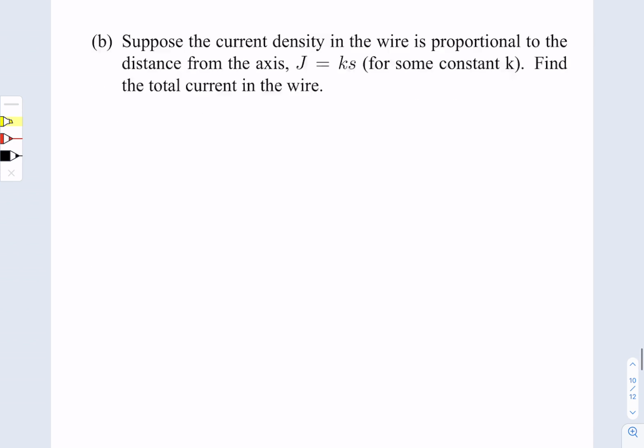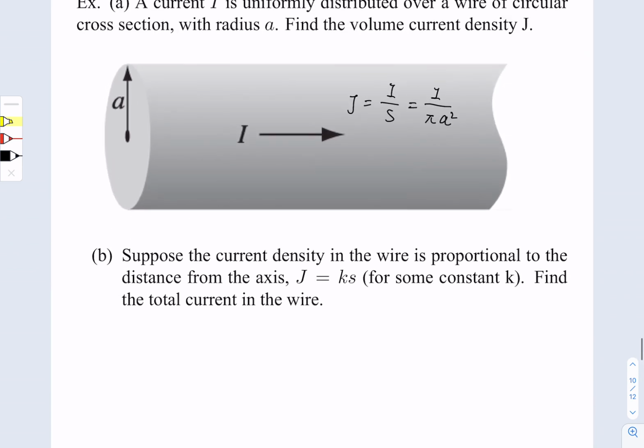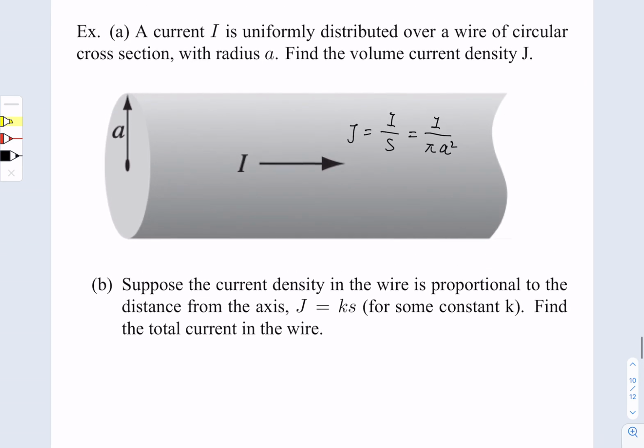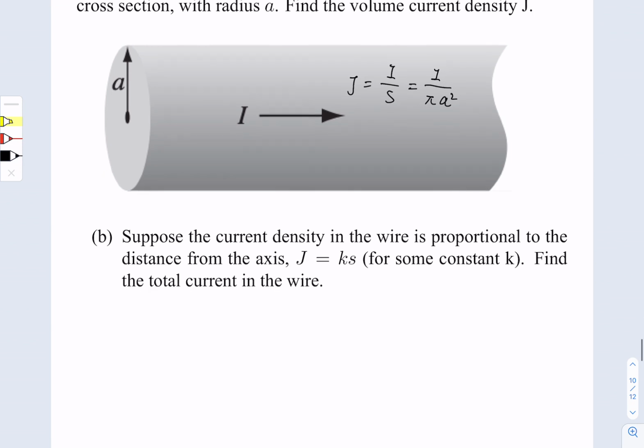Likewise, say that the current density in the wire is proportional to the distance from the axis, and J equals a constant K times s. Then the total current in the wire you should also be able to find by integration.